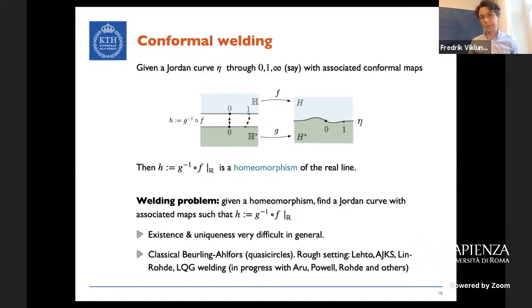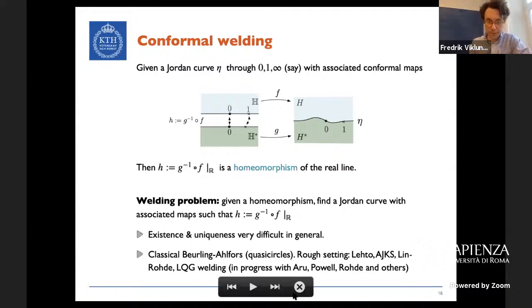Well, there was recently quite a bit of interest in the rough setting that would correspond to trying to weld together SLE curves. SLEs are not quasi-circles; they are less regular, but in some probabilistic sense, they still have this sort of random self-similarity that makes them a bit similar to quasi-circles.